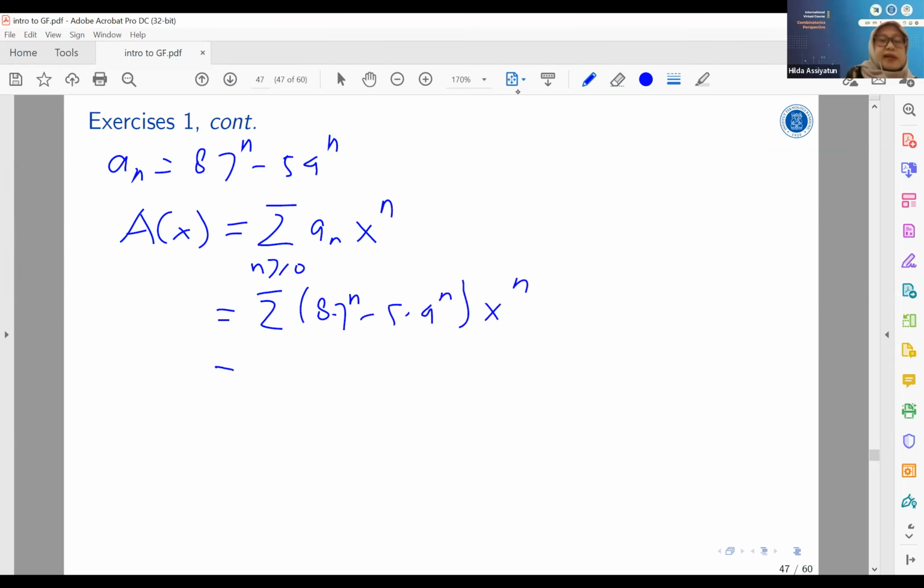By the linearity of the power series, this should equal to minus 5.